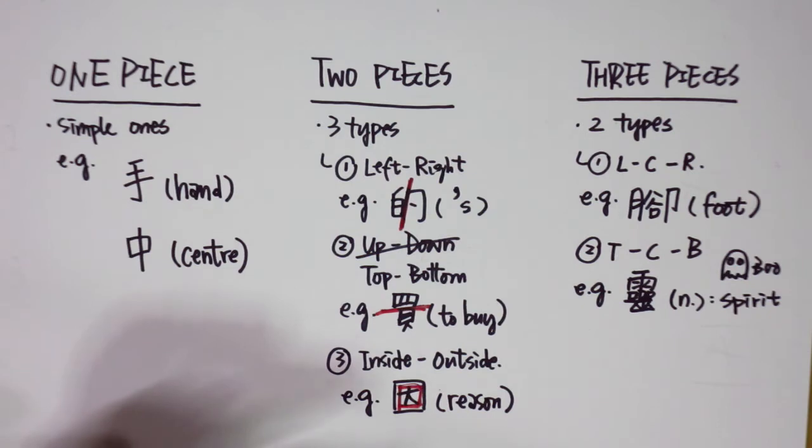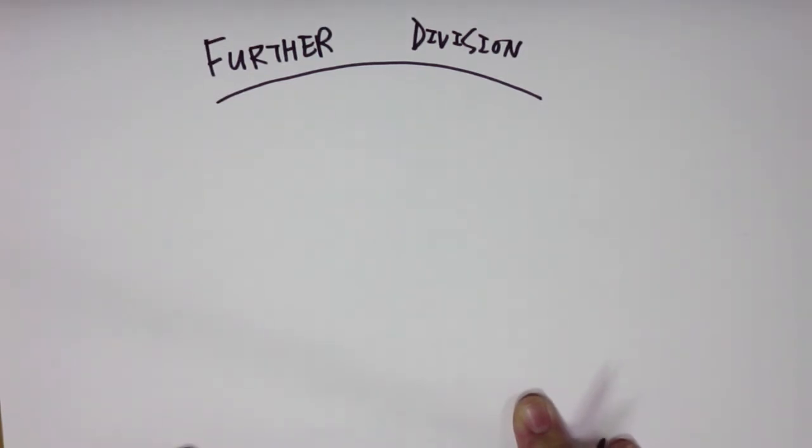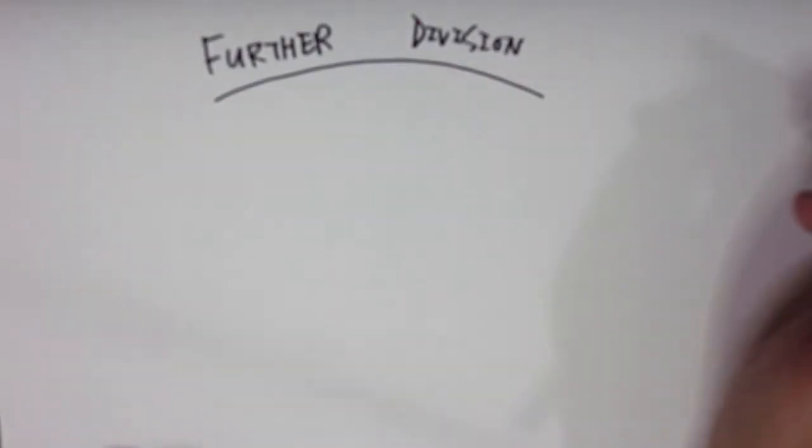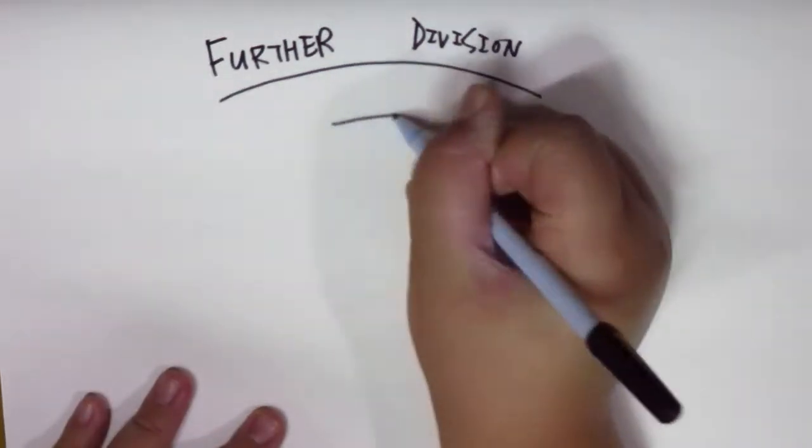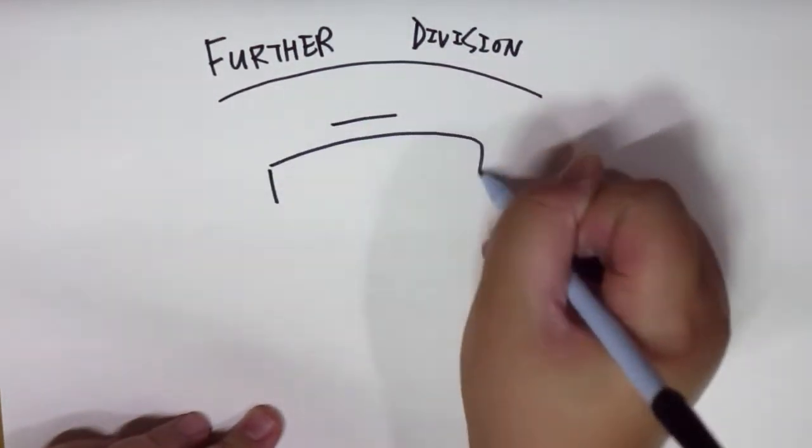Very basic idea about Chinese characters is like this. And guess what? For each type you can continue and break them down into different parts as well. For further division, we're just going to use one example, which is the very scary one.